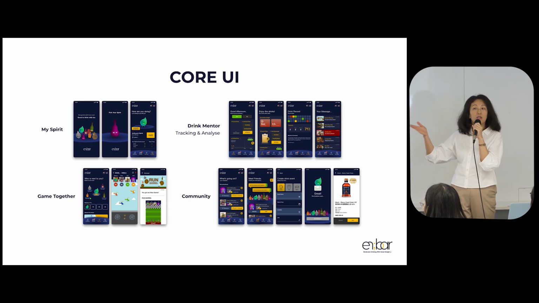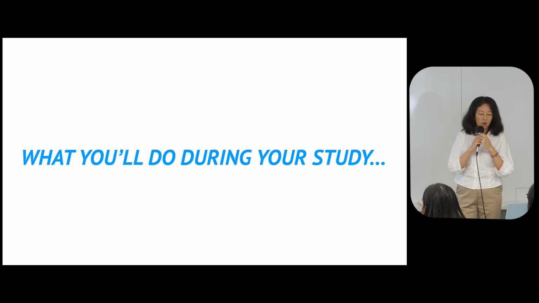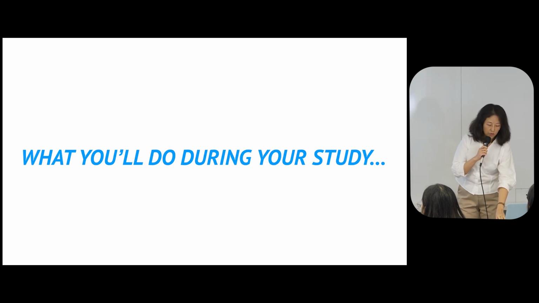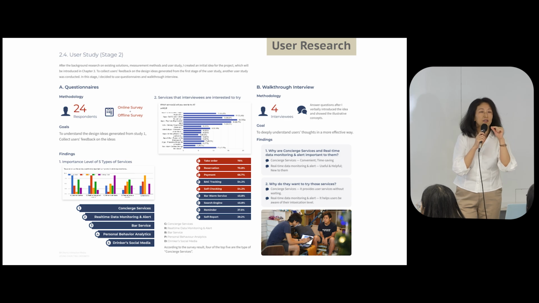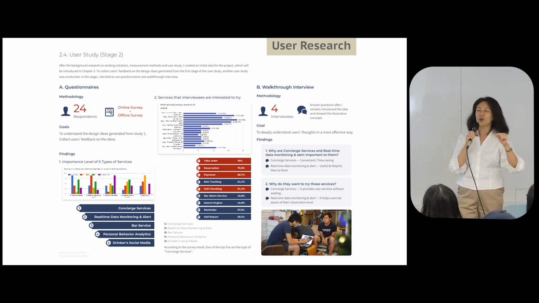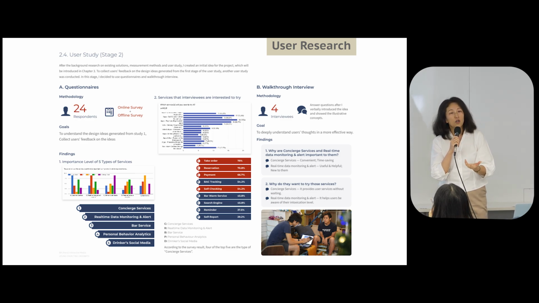So what are the different aspects you need to design? And quickly, what do you do during your study? I hope these few slides can set us apart from other programs. We actually emphasize user research a lot. In order to design appealing, really good experiences for your users, you need to understand who they are and what they need.